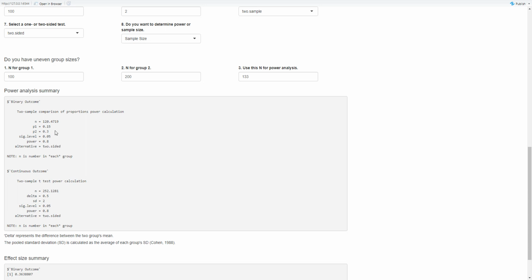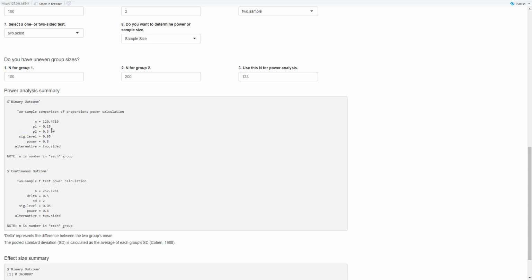So the 4 bits of information that we consider in a power analysis are the sample size, the rates or the expected values for our different groups.